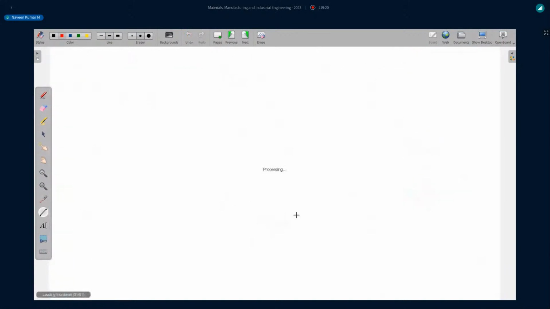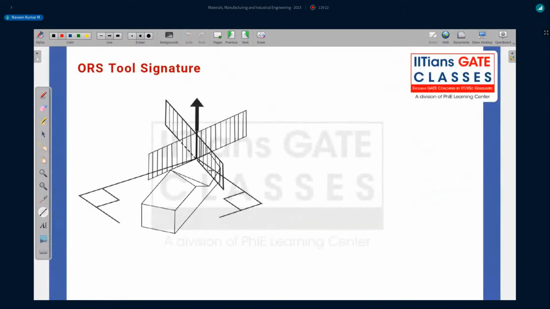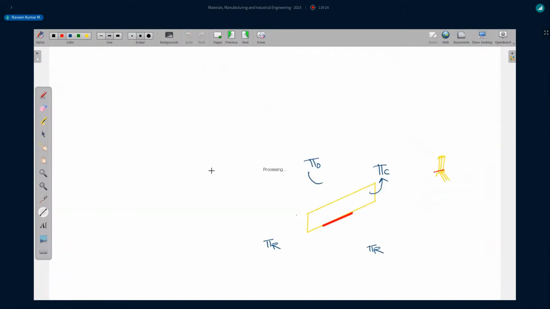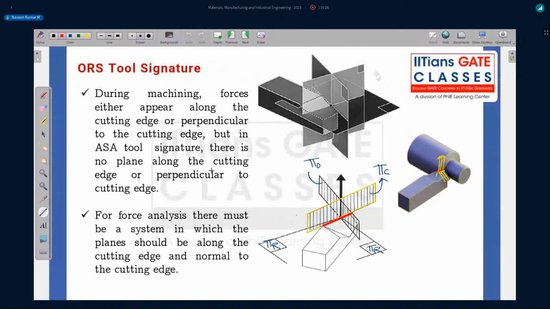And so that is where analyzing angles will come into the picture. Here also we'll have a different tool signature system, where one angle and the nose radius will not change, but the other angles will be changing. Based on those angles, we will be analyzing the cutting force. From there we are going to calculate the different forces.